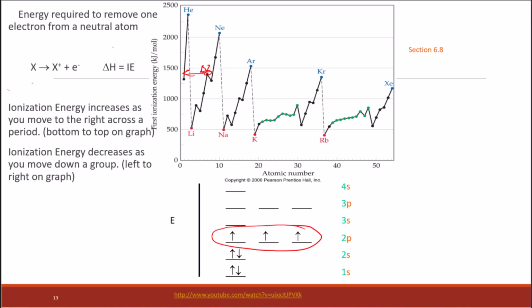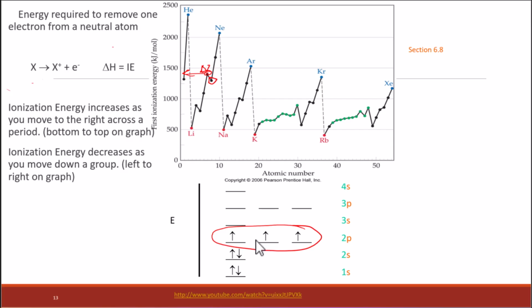Well, that's because oxygen, which is sitting here, takes less energy to remove an electron from than nitrogen does, because when you do that, you get a half-filled shell. So that's why the dip for oxygen.